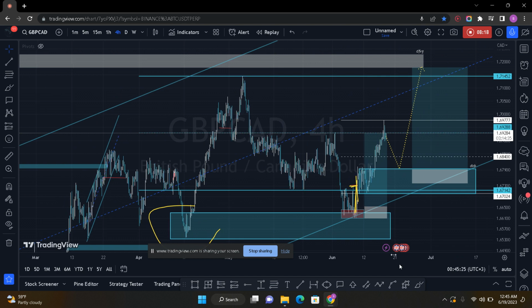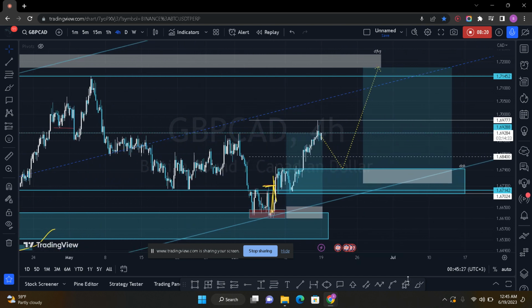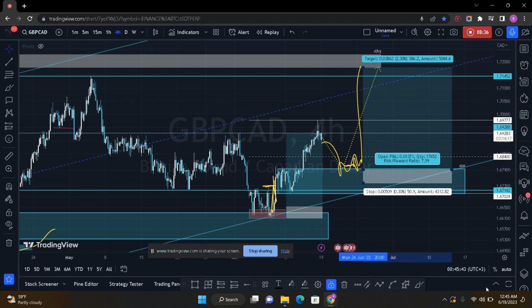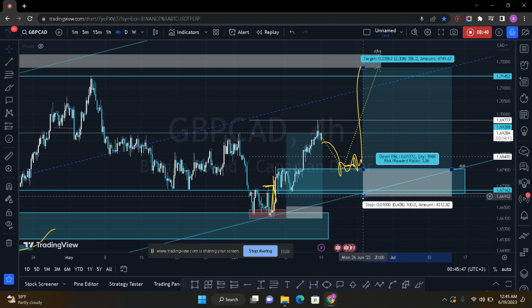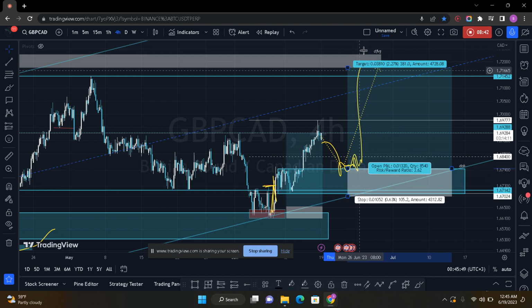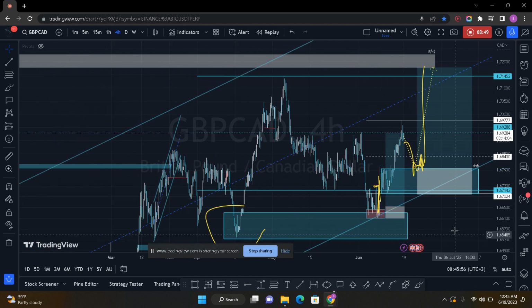But to even consider entering the trade, I'd want to see this retracement of price right here, and my particular price action that qualifies as an entry trigger for a long. So this is how potentially my position will look on entry. Price should retrace, and I should get at least a 3.6R trade from this. So that is my plan for the week.